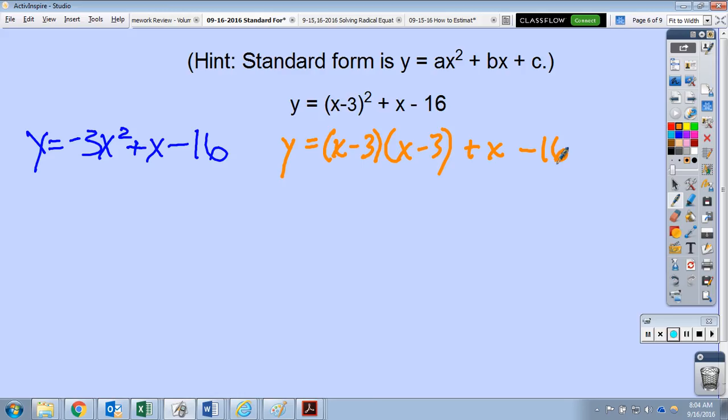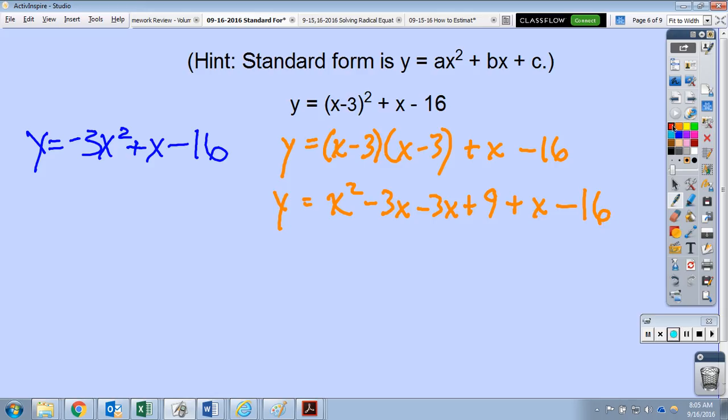And then from here, y equals, if we distribute, x times x is x squared, so we FOIL. And then we have x times negative 3, so minus 3x, and then inside minus 3x. And then negative 3 times negative 3 is positive 9, and then we have the rest here, plus x minus 16.